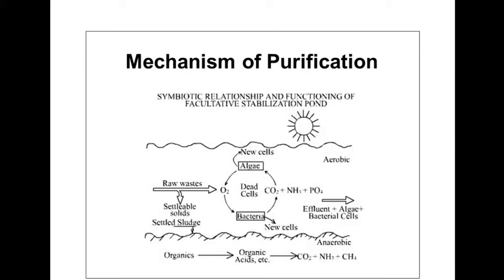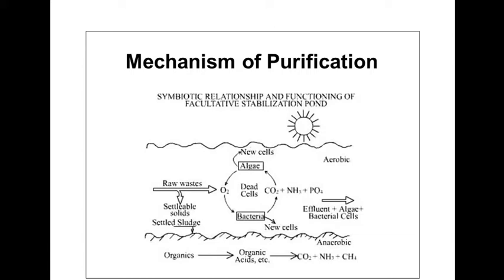Also, there is algal photosynthesis, and this oxygen from the dissolved water or from the atmosphere is utilized by the bacteria. Bacteria convert the organic waste into CO2, NH3 and PO4, and they generate new cells. This CO2 is utilized by the algae, and the algae do photosynthesis and release oxygen.